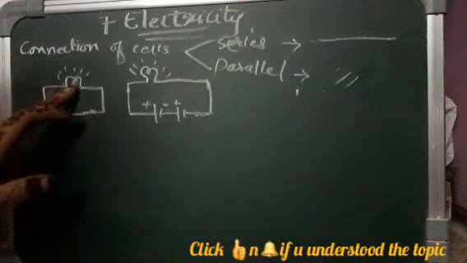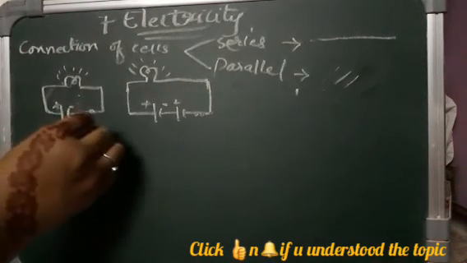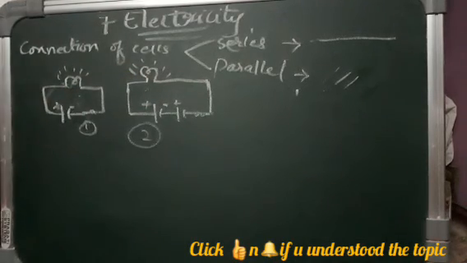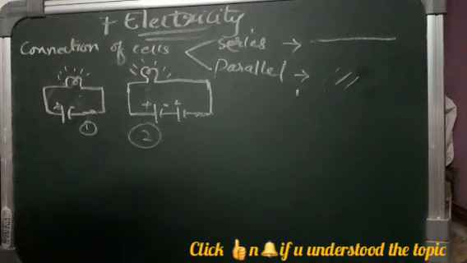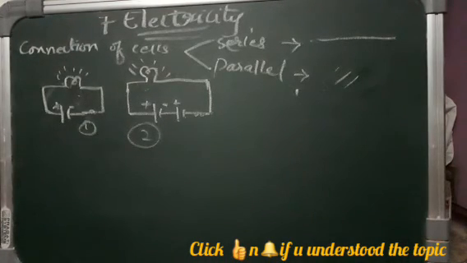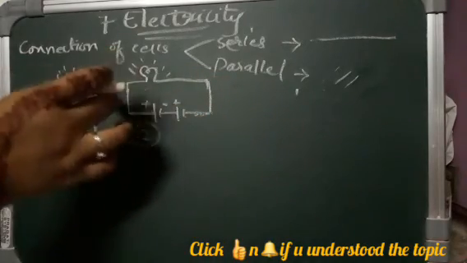That means comparing the second circuit to the first circuit, the intensity of the light will be more. Similarly, if you connect 3 batteries, you will see that the intensity increases.